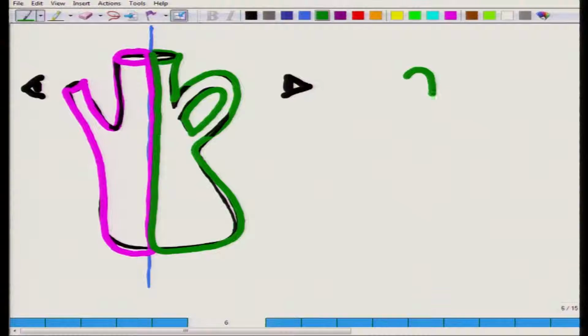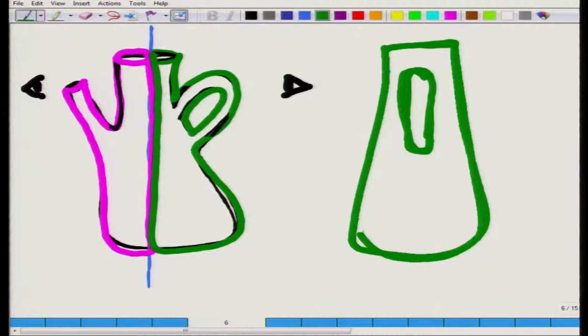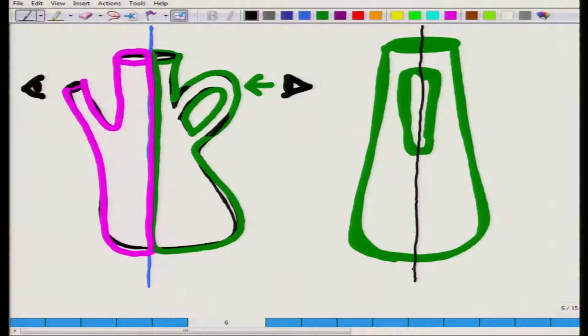So, if this is the handle in the frontal view, so from this view what we get will be in proper symmetry. Here the two sides are equal like a mirror image.